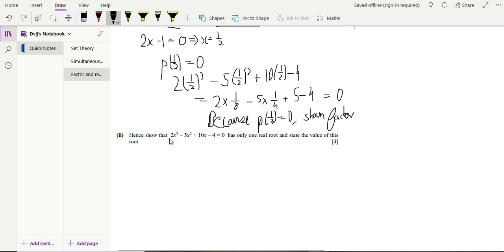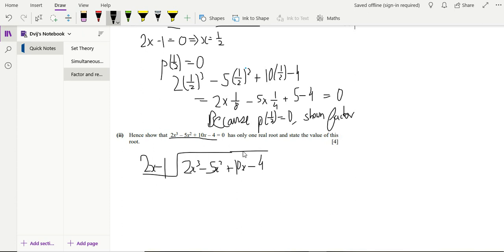Let's try that again. We've got 2x minus 1 and 2x cubed minus 5x squared plus 10x minus 4. There we go.